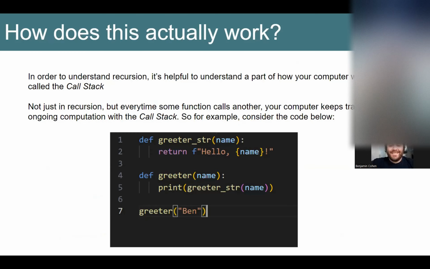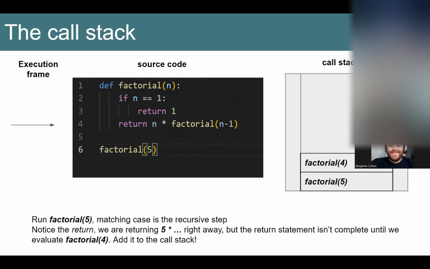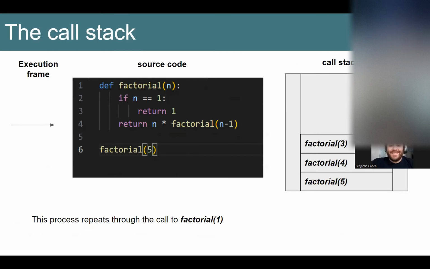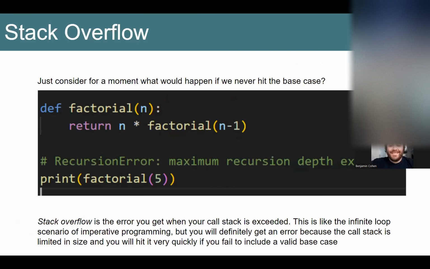And please keep in mind that the call stack is a thing. A tower of pancakes is the easy way to think about it. You put more pancakes on as you call more things, and then as you evaluate those things, you eat the pancakes and they drop off. Try not to overflow your stack, and make sure to keep your base cases in. And that's about it for morning lecture.